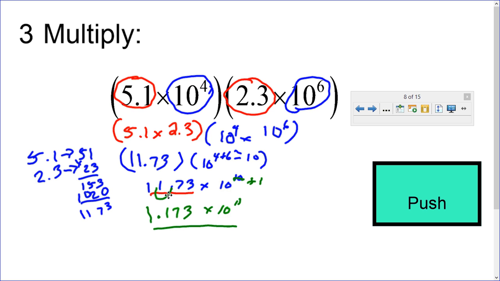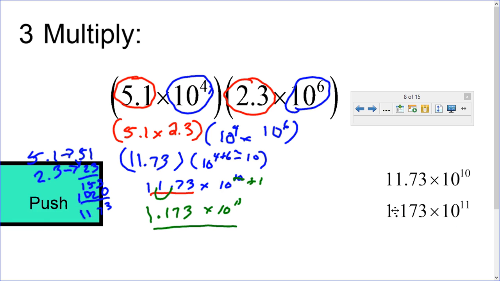So this is that third step where we had to convert using the method of moving the decimal point, making it smaller because it was greater than 10. So if we made this smaller, then we have to make the exponent larger by the number of spaces we moved the point. So that's why we got 1.173 times 10 to the 11th.